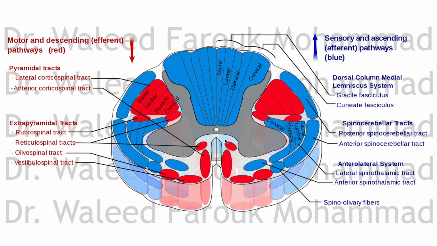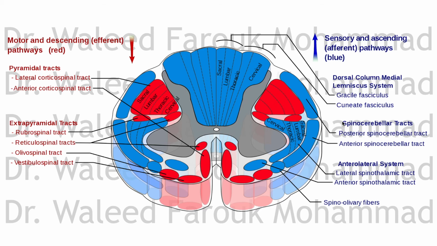If you go, on the other hand, to the sensory section, dorsally it is occupied by the gracile and cuneate, which carry fine touch and proprioception from all over the body.